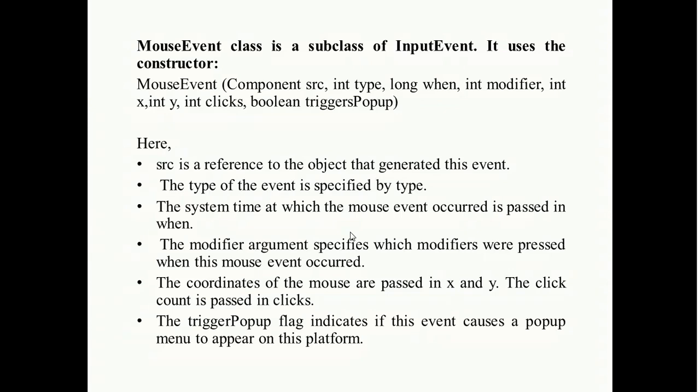Long when is the system time at which the mouse event occurred. Fourth parameter is int modifiers. The int modifiers argument specifies which modifiers were pressed when this mouse event occurred.